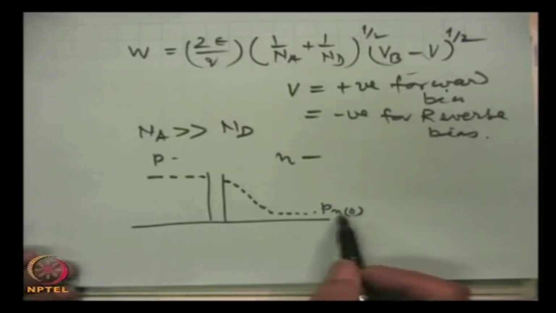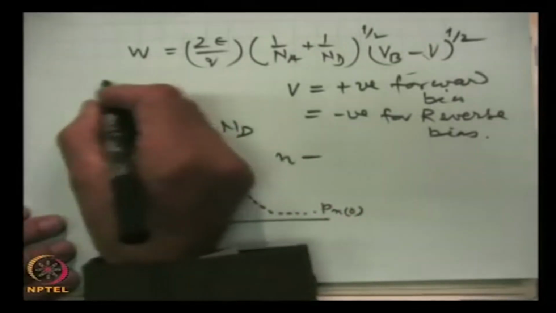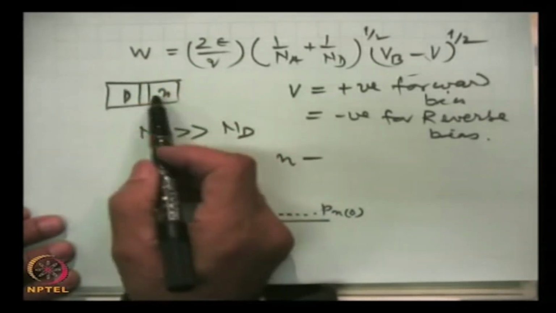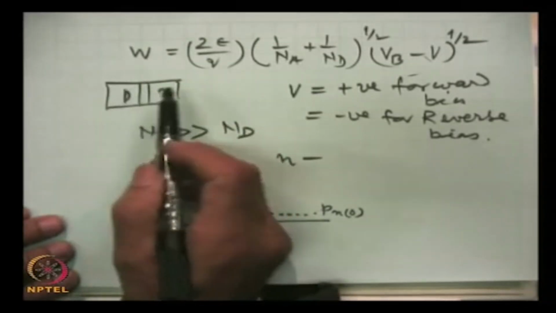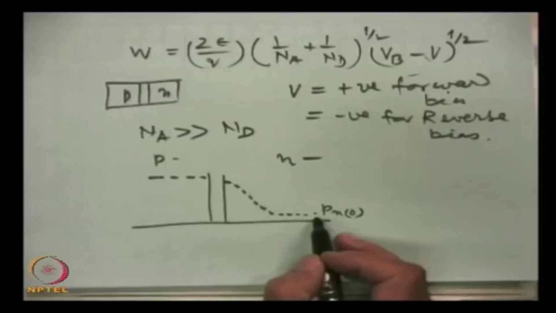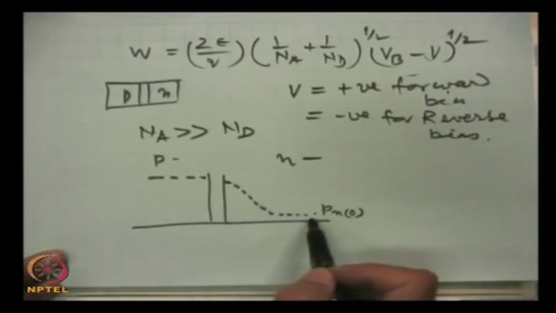What does it mean? It means, if we look at the N side, like here, this is the N side, this is the P side. The N side has electrons in majority, but holes are also there in minority. So, that concentration is this. So, finally, the hole density on the N side settles here.